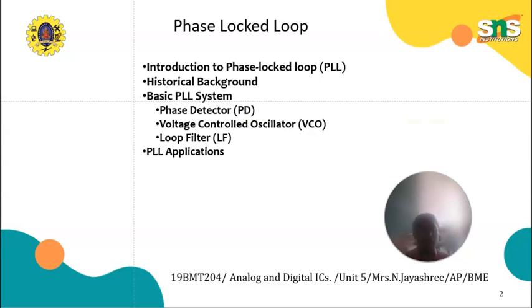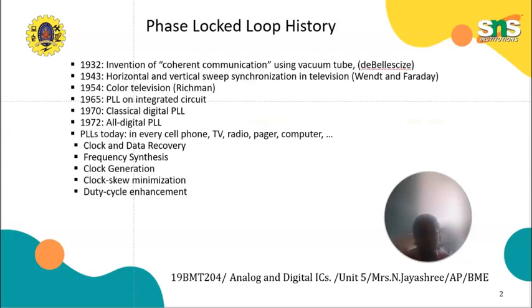Next one is phase lock loop invention history. In 1932, the invention of coherent communication using the vacuum tube. In 1943, horizontal and vertical sweep synchronization in television. In color television in 1954. In 1965, phase lock loop on integrated circuit.